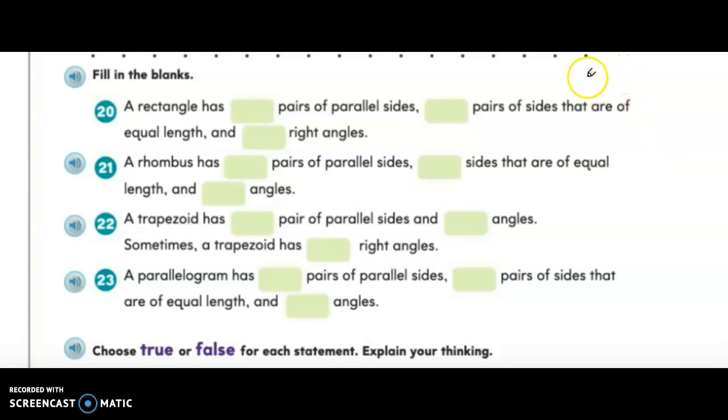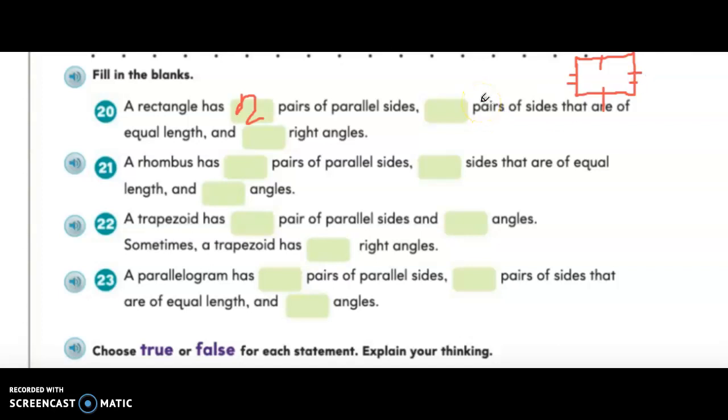So if we envision a rectangle, I'll draw a quick one right here, okay, it has this set of parallel sides and it has this set. So it has two pairs of parallel sides. And then equal length, okay, this side is equal length with this side, and then this side is equal length with this side.